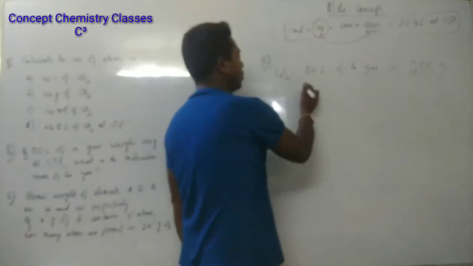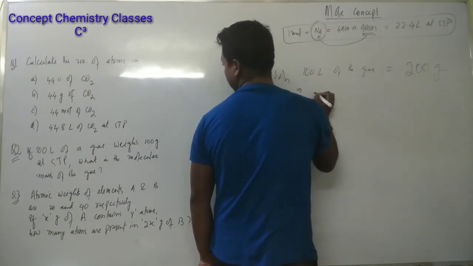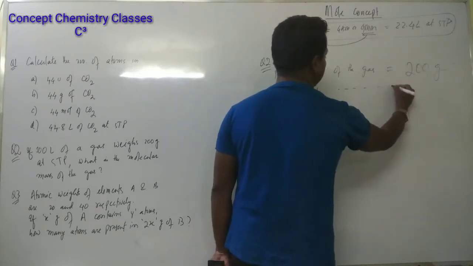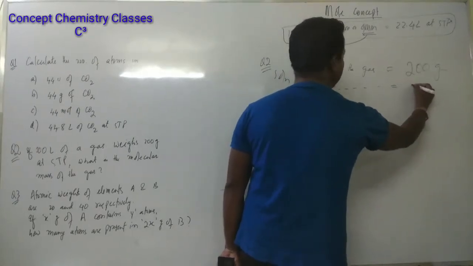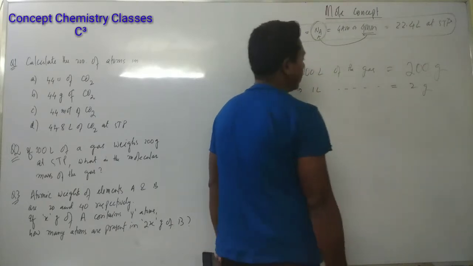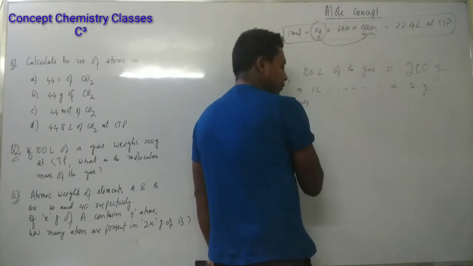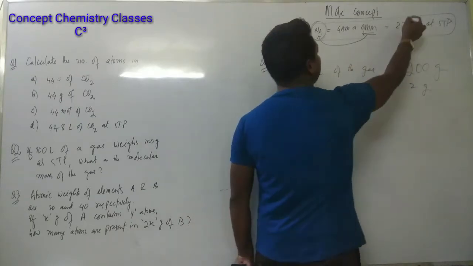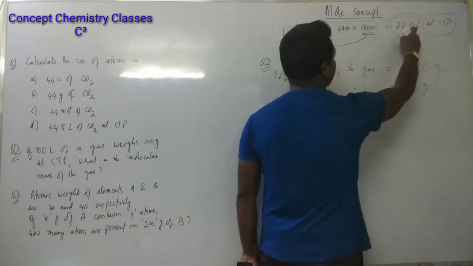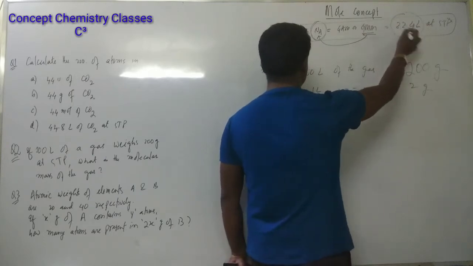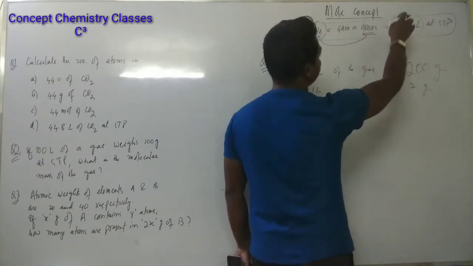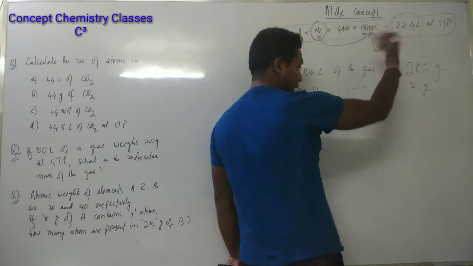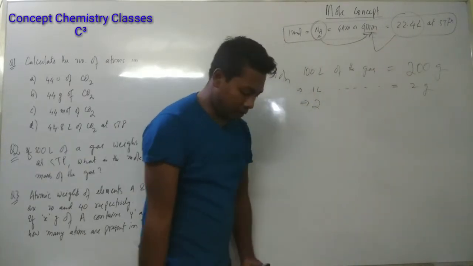That is, 1 liter of the gas has 2 gram. Therefore, we need to calculate the mass of this gas related to 22.4 liters at STP. The mass corresponding to this 22.4 liters will be equal to its gram molecular mass, and gram molecular mass is the molecular mass.